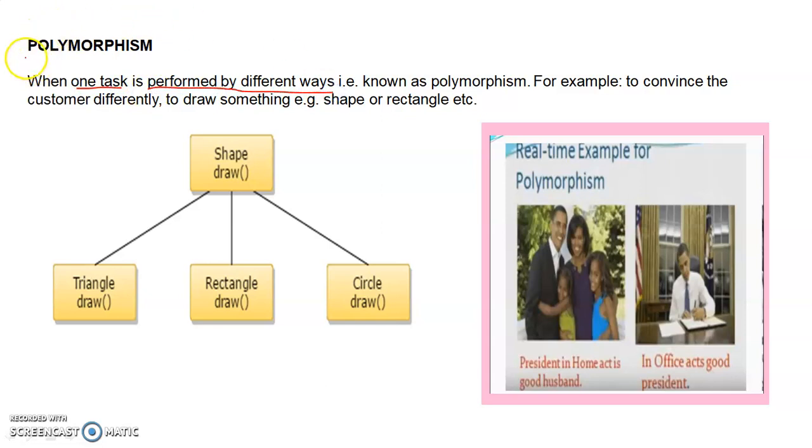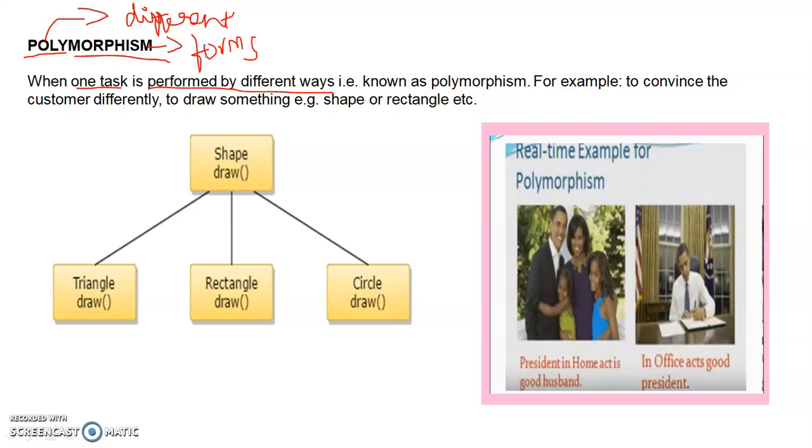Before that, what is the meaning of poly and what is the meaning of morphism? Poly is different. And morphism is the term for form, F-O-R-M-S, forms. Different forms. So polymorphism means different forms. The definition of polymorphism is when one task is performed in different ways.